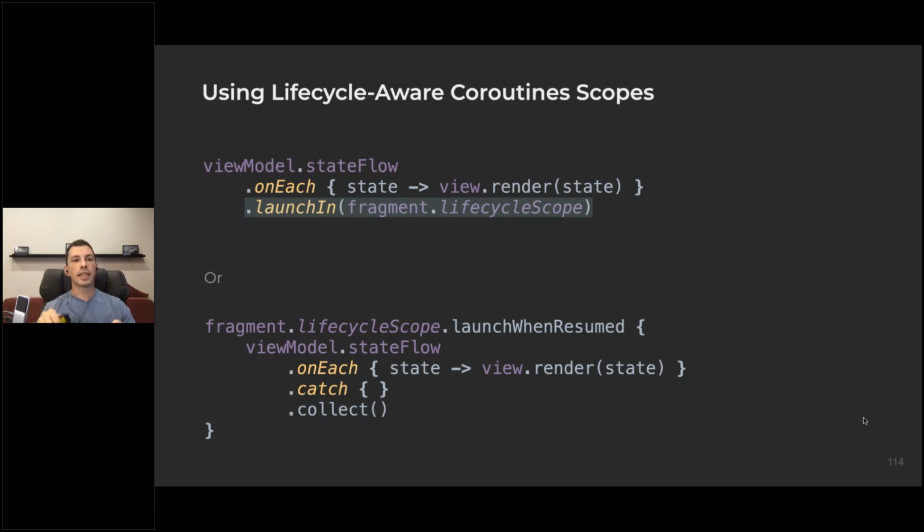In this case, our view model exposes Flow instead of LiveData, and we collect these states from this state flow in our onCreate method and launch this collecting with lifecycleScope. Or we can start when our activity is resumed and then collect states in a regular way.